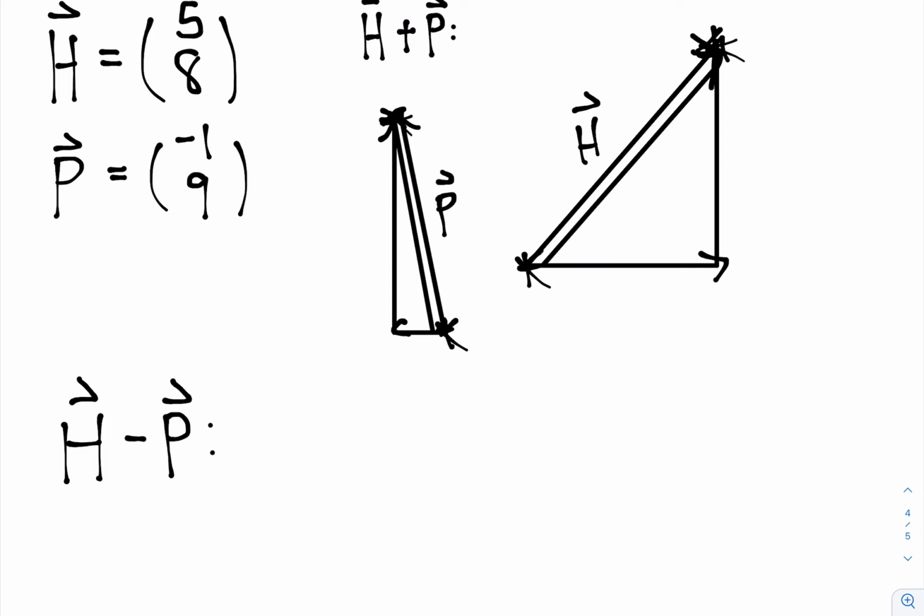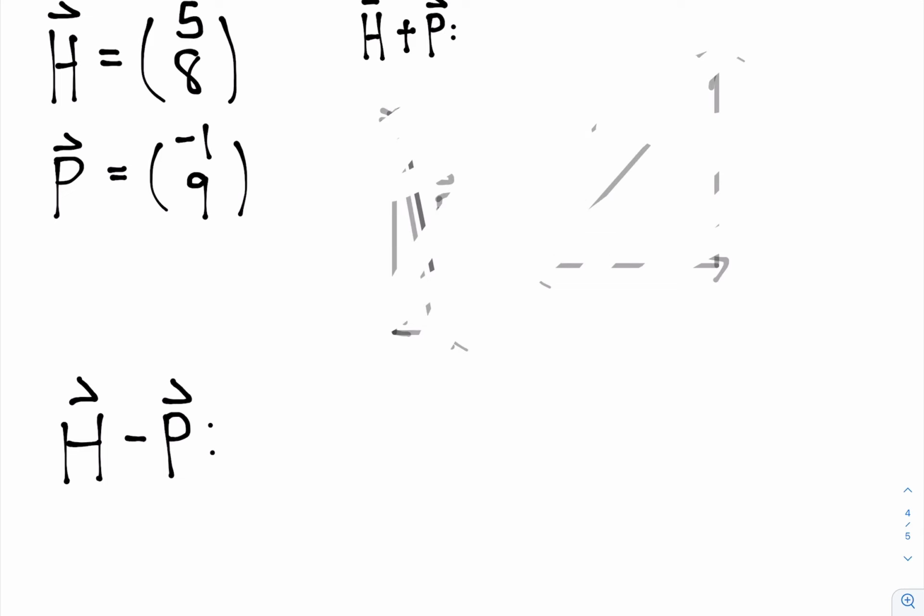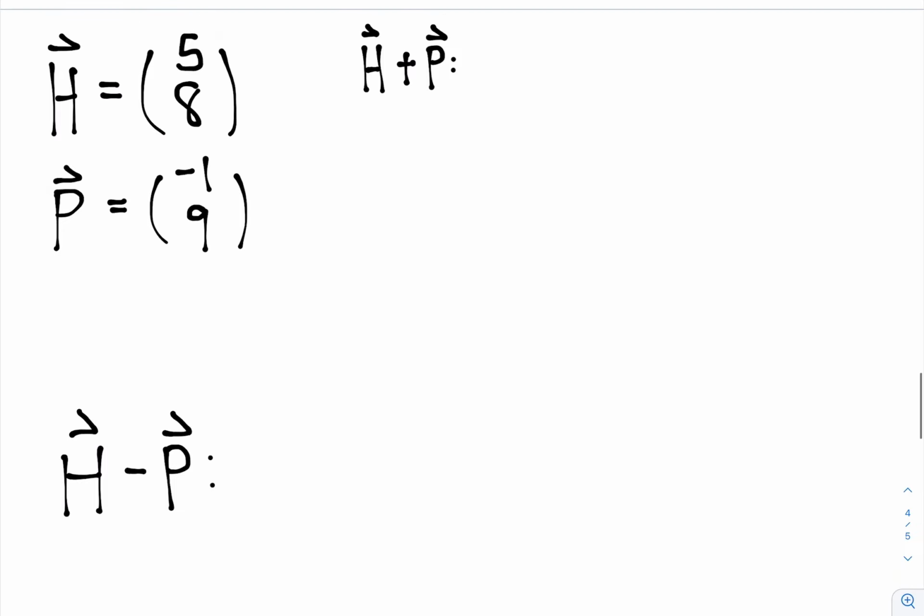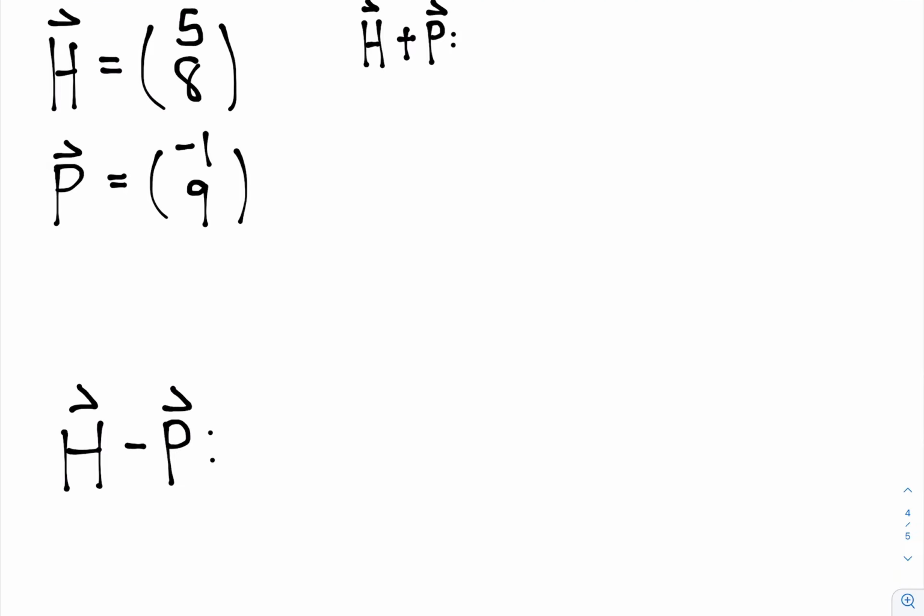If we're adding them, we're just taking the two resultant vectors and adding them together like we did in the last problem. And we could use what's called the sine and cosine law to figure that out. But the easiest way to do it is forget all this, and we can just look at which direction the components are acting. So if we're adding h and p, we're really adding the x components together, and we're adding the y components together.